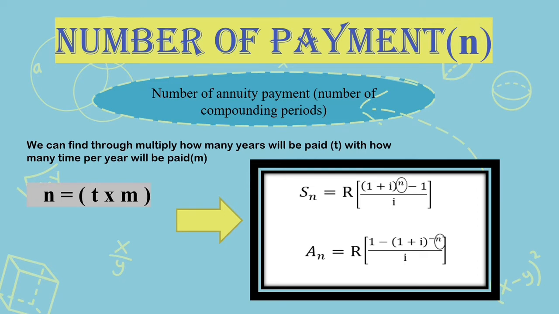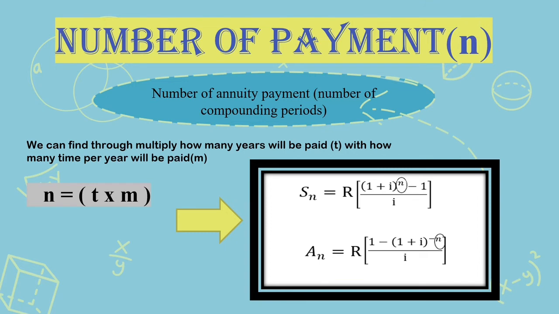Okay, next, the number of payments, which is N. The number of payments can be defined as the number of annuity payments, which is the number of compounding periods.